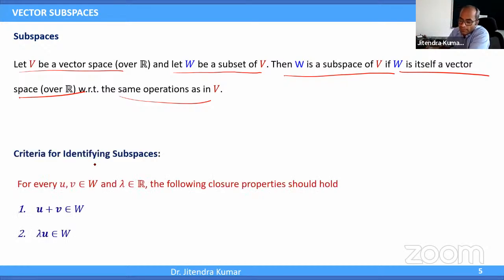Because we have the same operations, and this is only a subset of a vector space, we do not need to check all the properties mentioned earlier. They will be automatically satisfied.